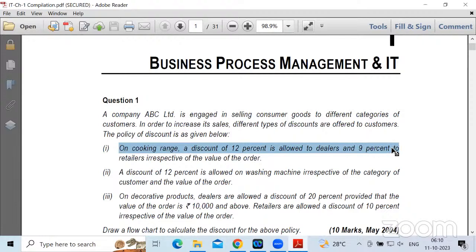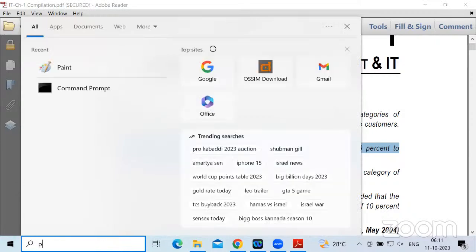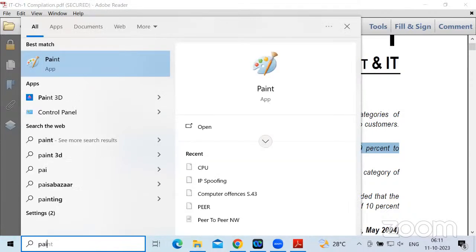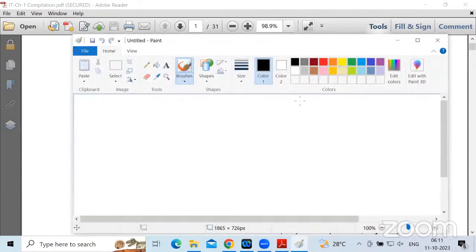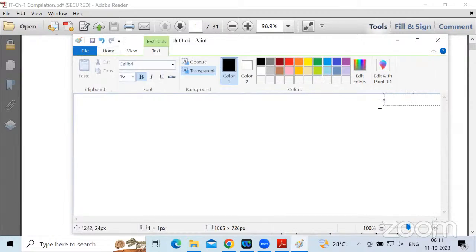So once two types of discount are mentioned, immediately you have to jot it down. Prepare a small table-like arrangement and keep it there. Cooking range.